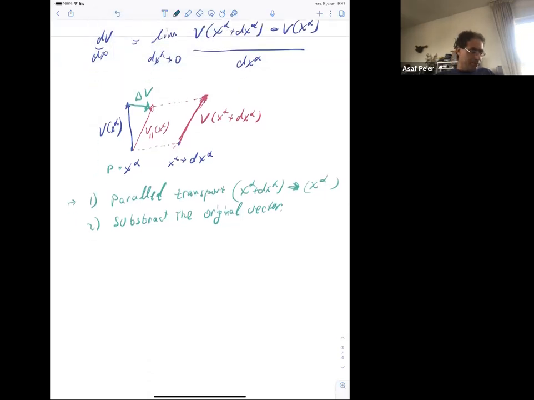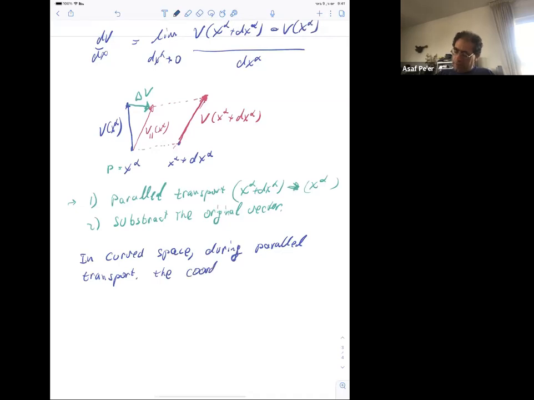So in curved space, during parallel transport, the coordinates of a vector change.